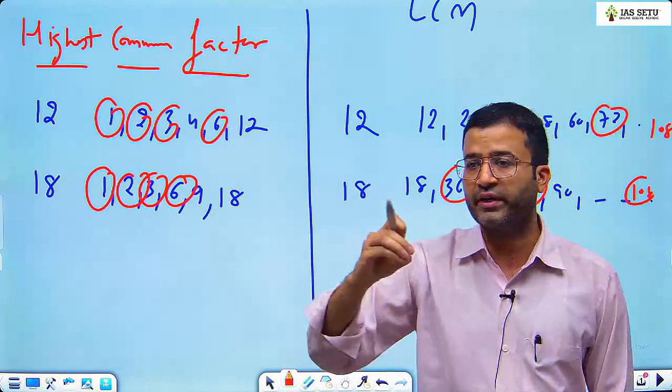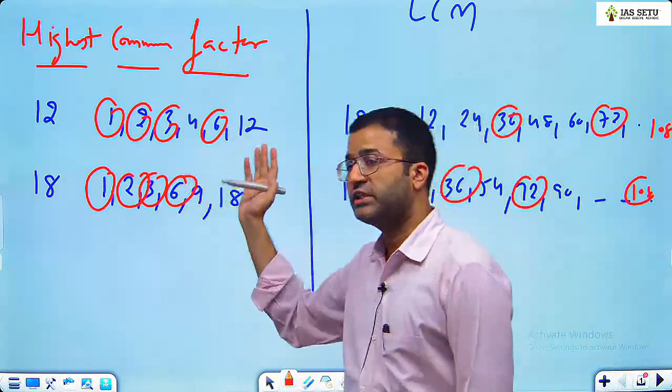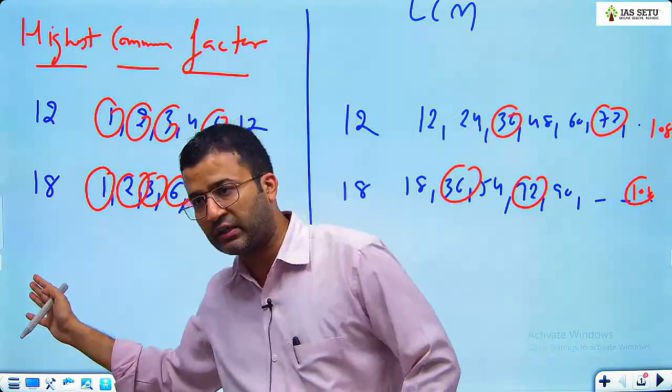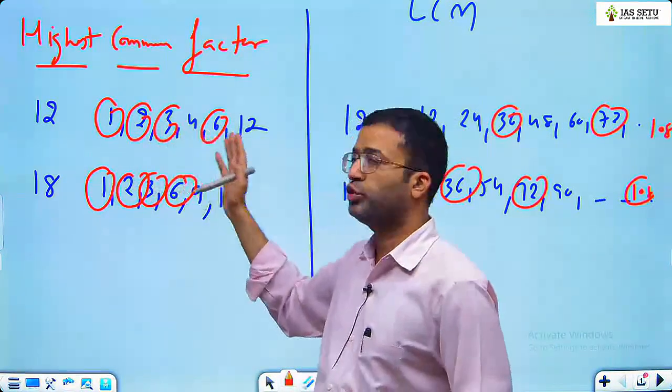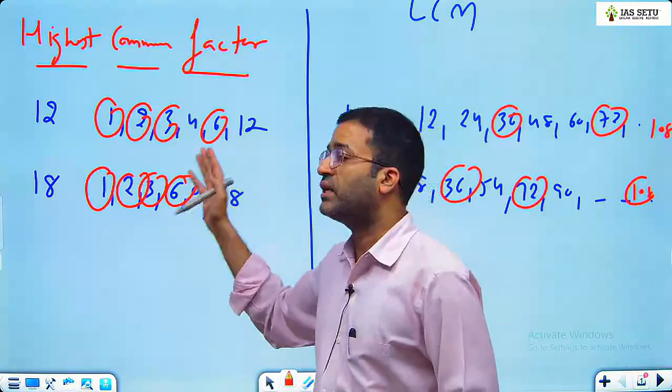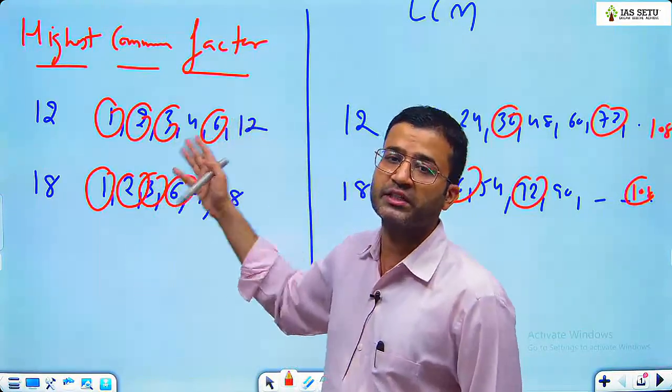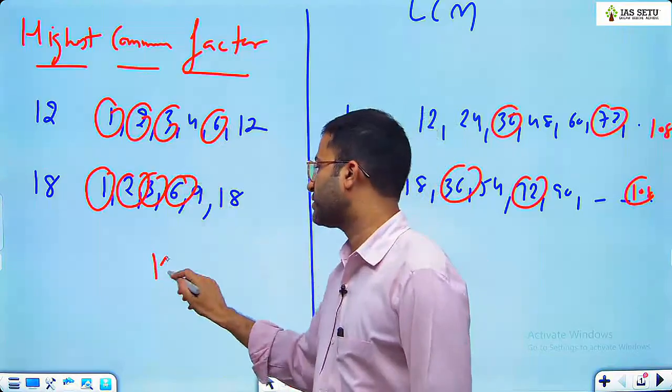Highest common factor. We have to see the factors, and out of these factors we have to see the common factors. What are the common factors? We have 1, 2, 3, 6. Out of these common factors, tell me which one is highest? 6. So 6 is your HCF.